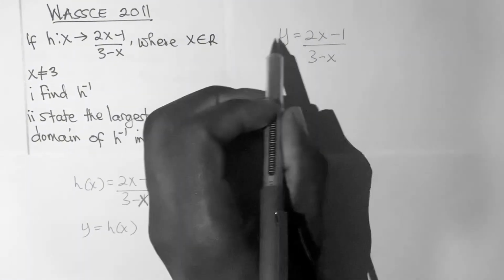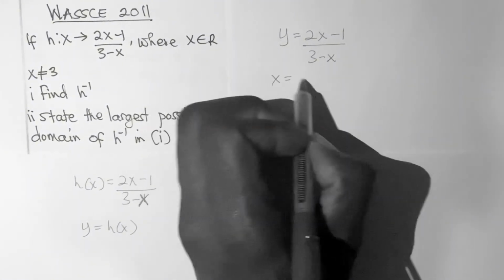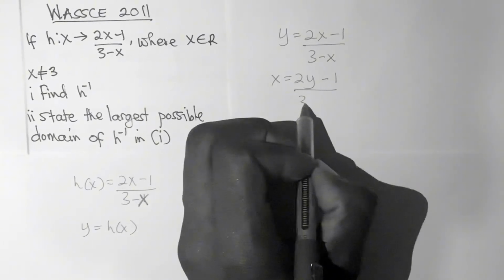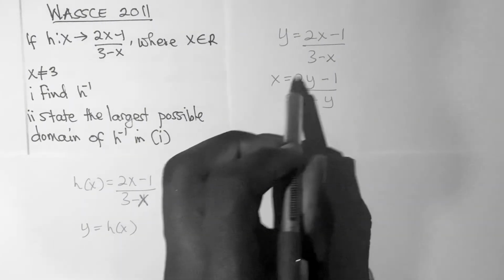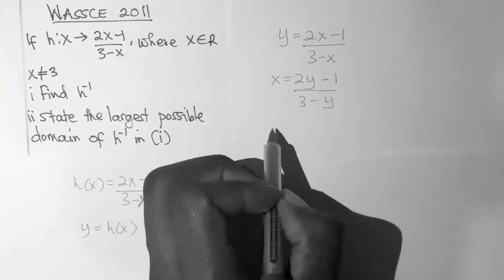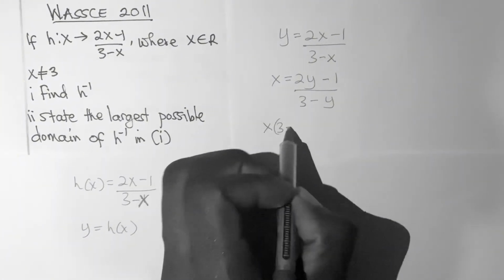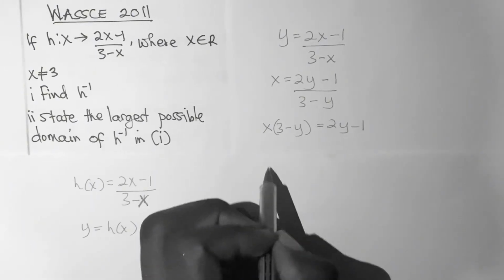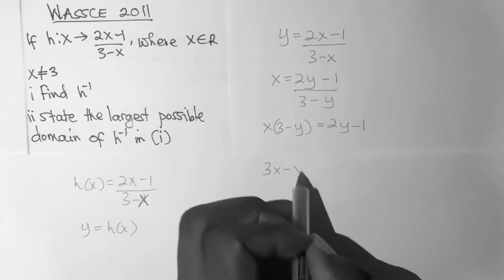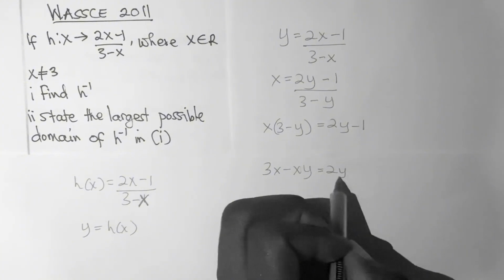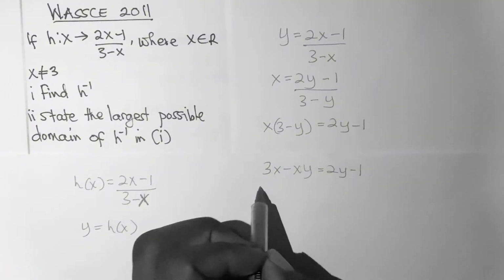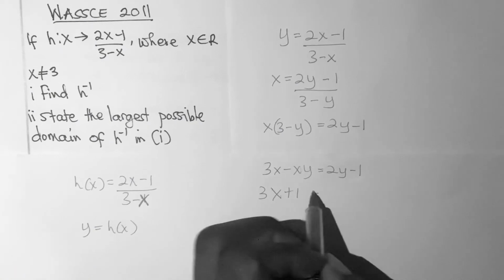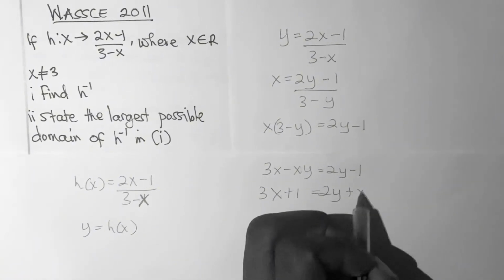So let's exchange x and y. So x is equal to (2y minus 1) divided by (3 minus y). So we solve for y in this case. So x times (3 minus y) is equal to 2y minus 1. So 3x minus xy is equal to 2y minus 1. So bring 1 here. 3x plus 1 is equal to 2y plus xy.